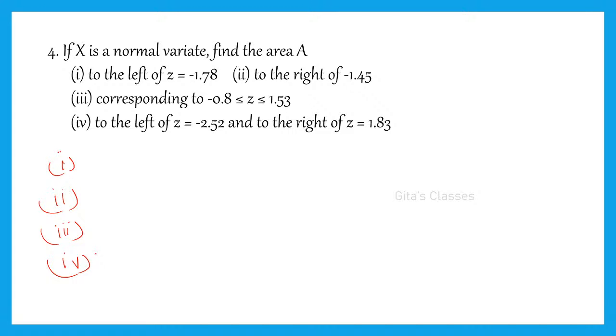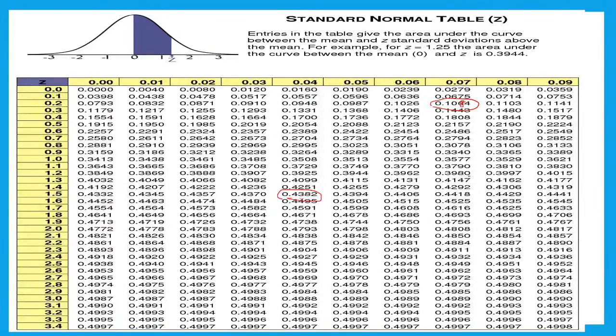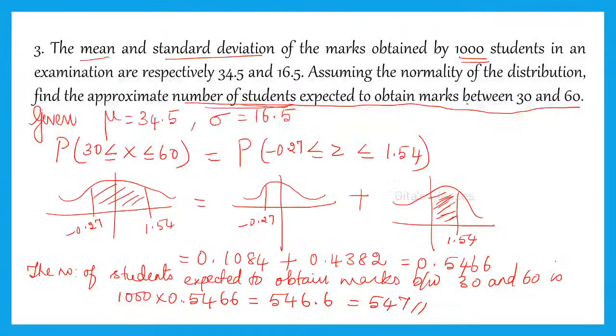In one book it is given 0.1064 and in one book it is given 0.1084, so there may be some variation, okay. If it is 0.1064, then the value will be 0.1064 plus 0.4382, which is 0.5446.